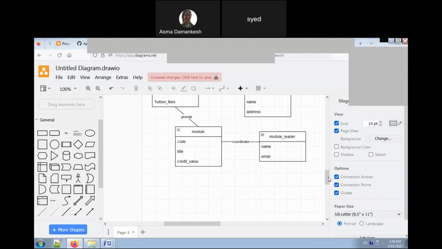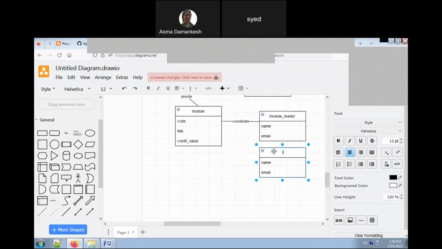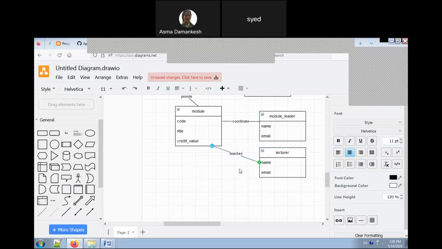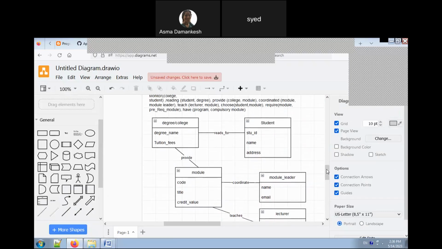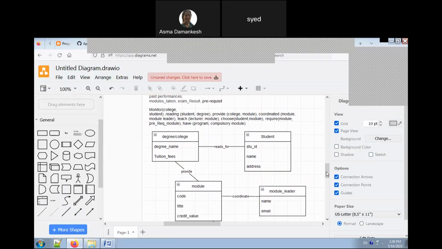Now, a module leader, a lecturer teaches a module. So I'm going to put a lecturer here, which has the same attributes. Lecturer has a name. And then the relation goes like lecturer teaches.